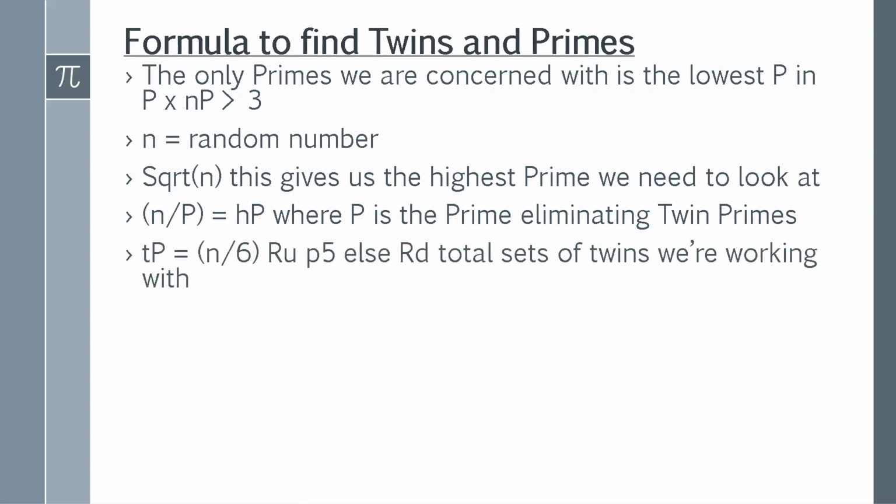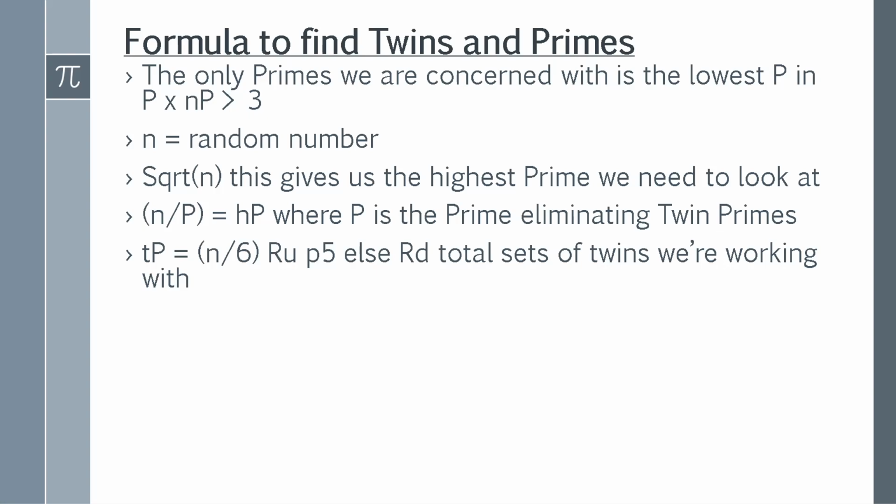Then I'm going to calculate the total twins that I can have, or the total primes from the twins. So I'm going to take the random number divided by 6 if it's a low prime, right? So if the number comes up to a random number 0.8, we're going to round up.